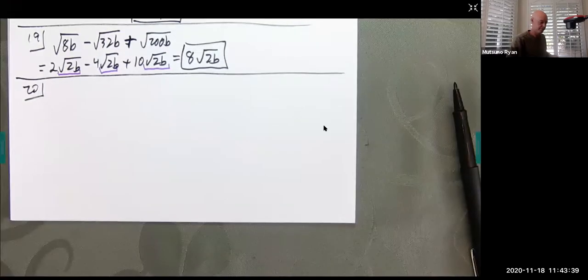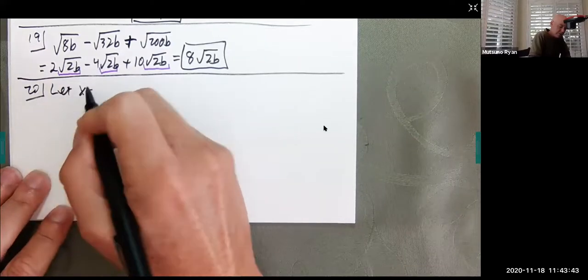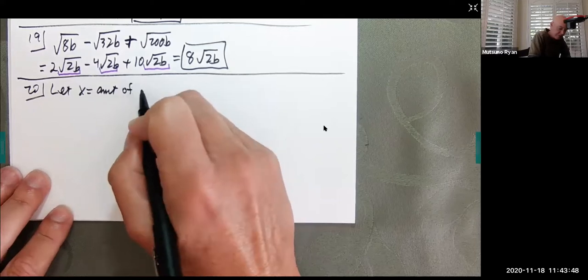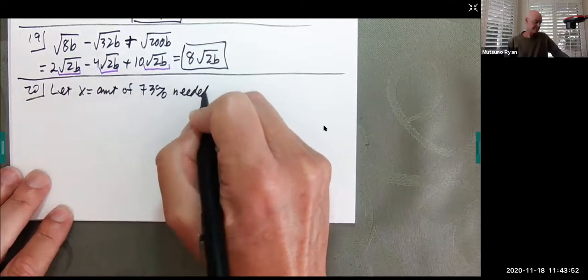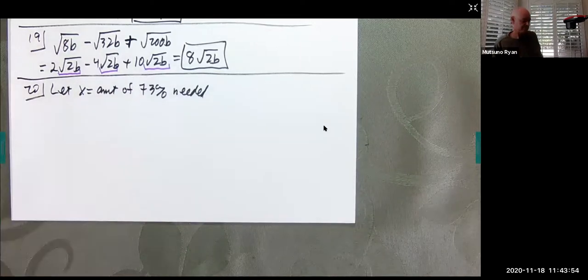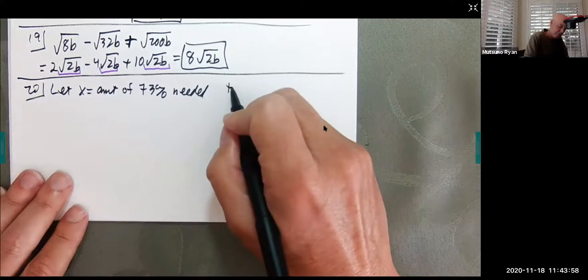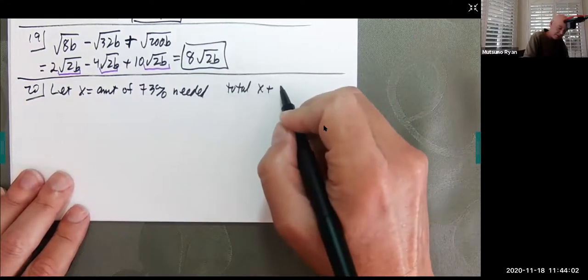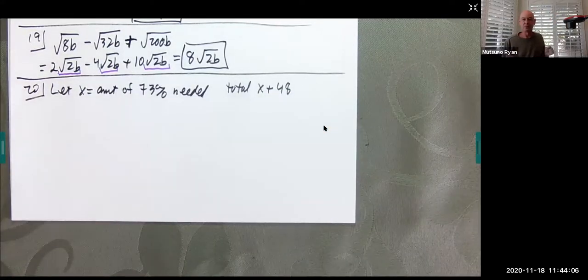I'm going to let x equal the amount of 7% needed. So there's a total of x plus 48 milliliters of solution, sugar solution, total is what we're looking for.